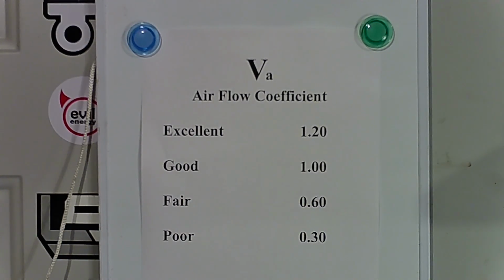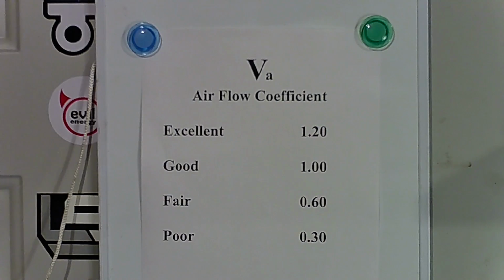Even at low speed, if I did have a shroud, I would still keep the 0.6. It's not really going to change that much. Poor is stationary or agricultural equipment, and you're basically relying on the mechanical fan at this point. Now, in my situation, I have a 4-blade fan, and it's fully shrouded.